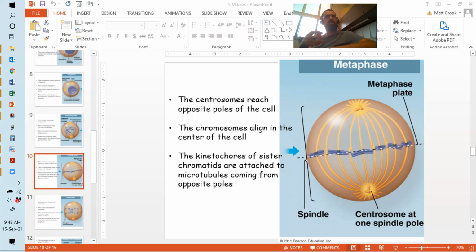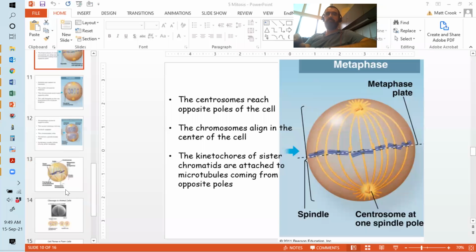Do you see what I mean? So just by looking at it and taking the information that I give you, you can go, ooh, that is metaphase 1, or metaphase 2. Let's bump back to the other one.